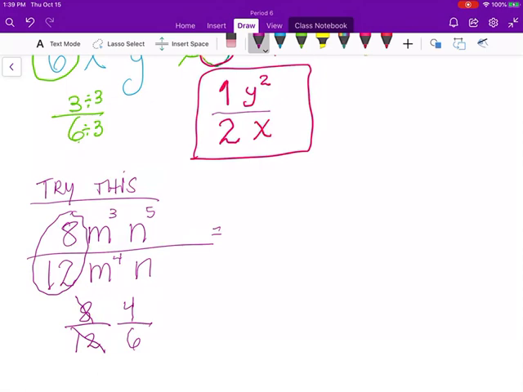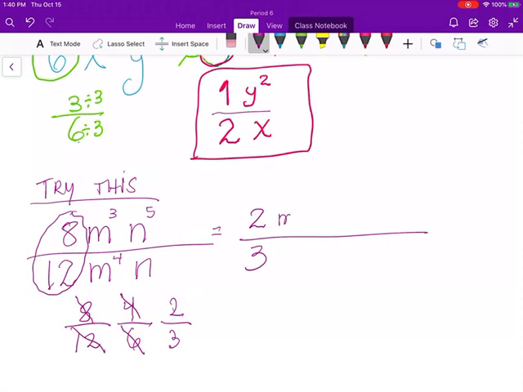Half of 12, 6. Okay, 4 and 6 are still even. Can I cut them in half? Yes. 2, half of 6, 3. As you remember, 2 and 3 are the first prime factors. You cannot go lower than that, so 2 stays on the top and 3 stays on the bottom.